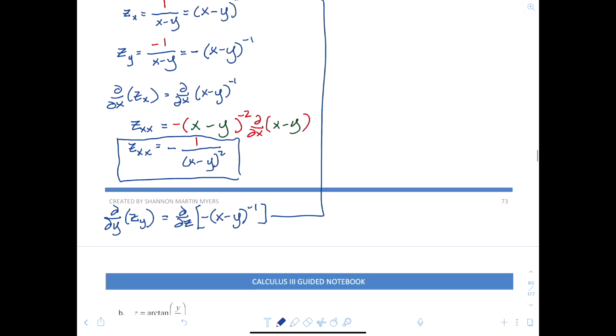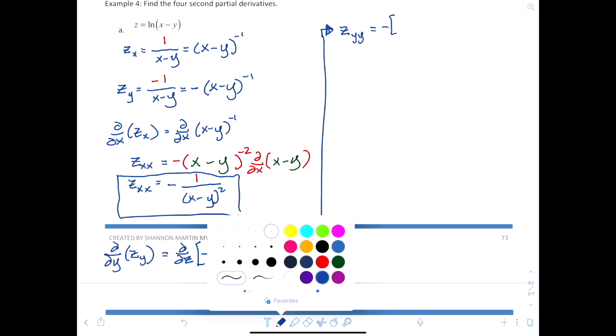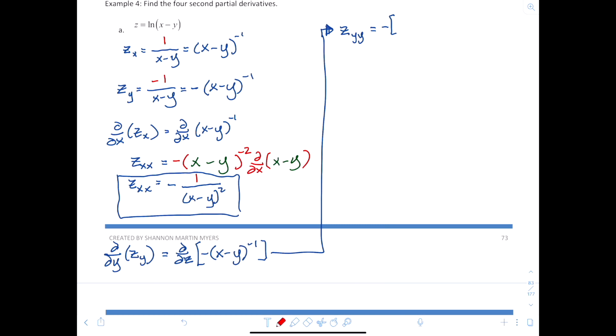That's going to give us z_yy is equal to negative something to the negative 2 times d/dy of our something.